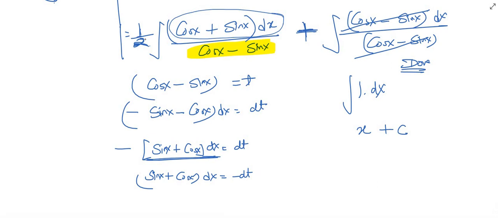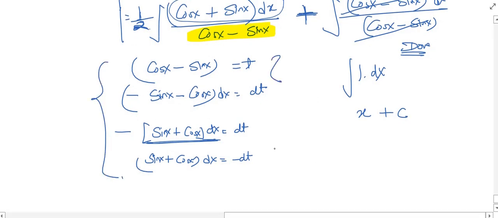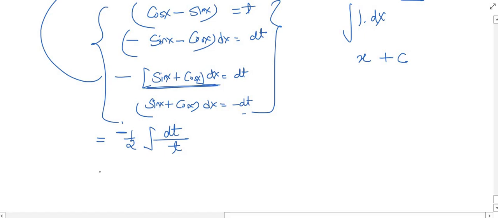Right? So let me write down here. So this was my assumption part. I am ready to solve it now. 1 by 2 dt minus of dt by t. Everything I am putting in this step. This is dt and this is t. So what will be the integration of this part?